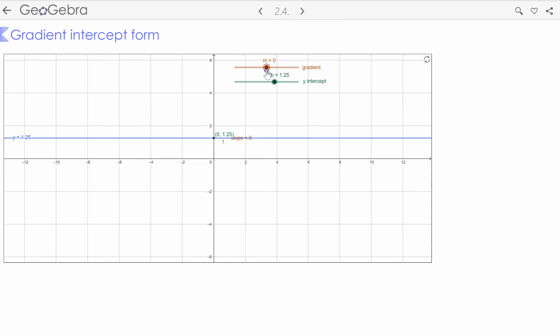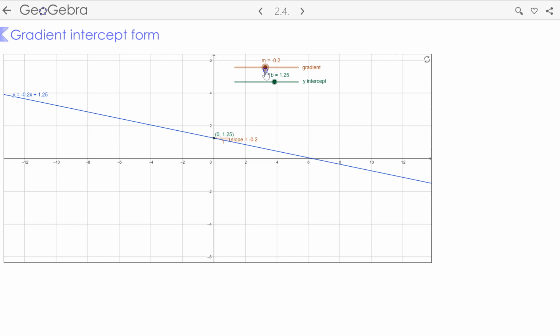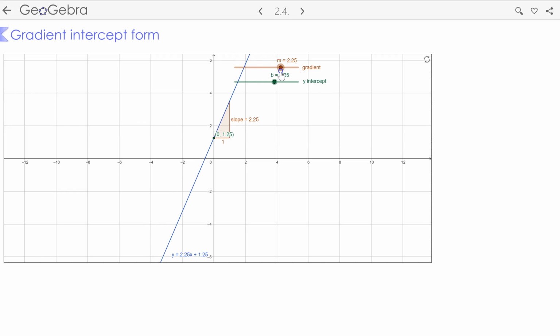When we come down to a 0 gradient, we've got the horizontal line, and then we go to a positive gradient. I don't know whether I can make it animate on here. No, I can't. Okay, so that's just refreshing what you've known for a long time.